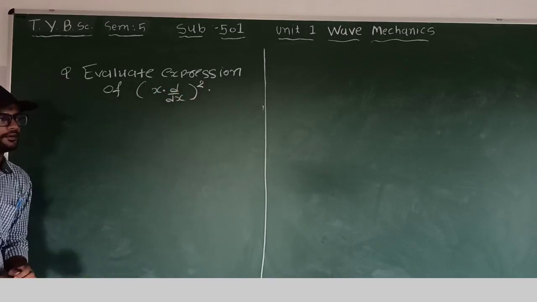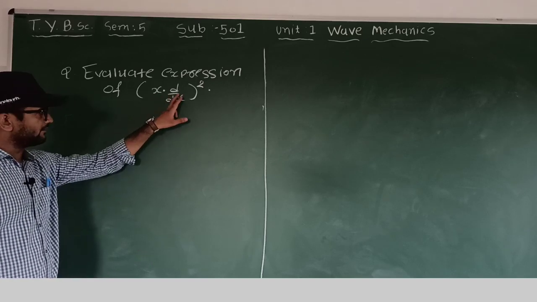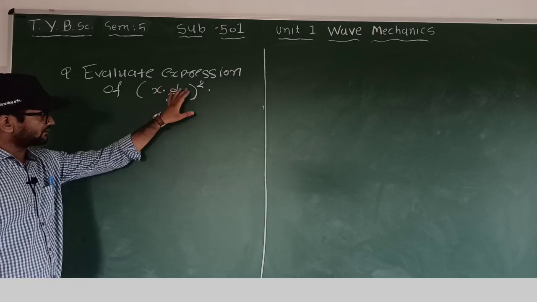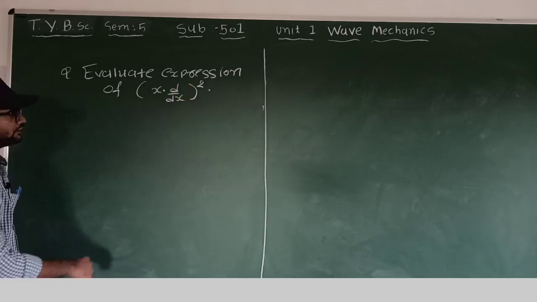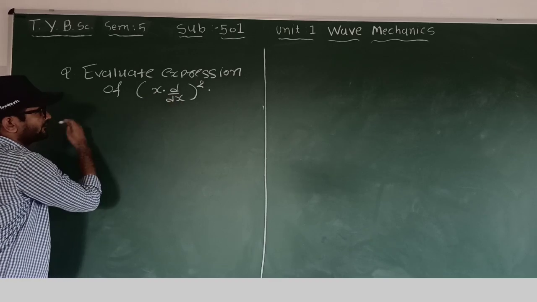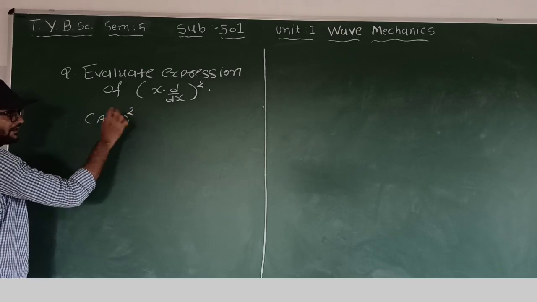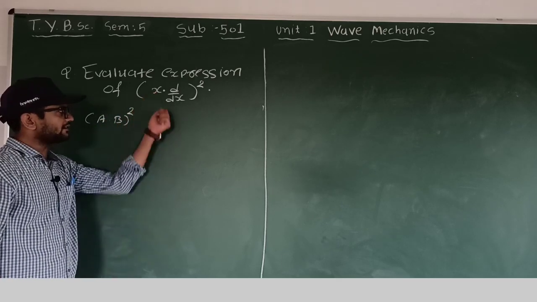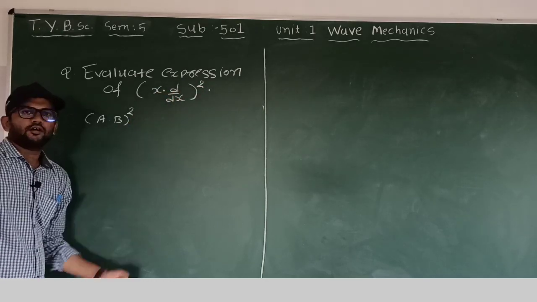So in this example, a function is not given. Here x is an operator and d/dx is another operator. Now, square of any operator, it means, in this case, suppose we assume this is operator A and this is operator B. A into B squared. This is the operator A and this is the operator B, and square of operator.